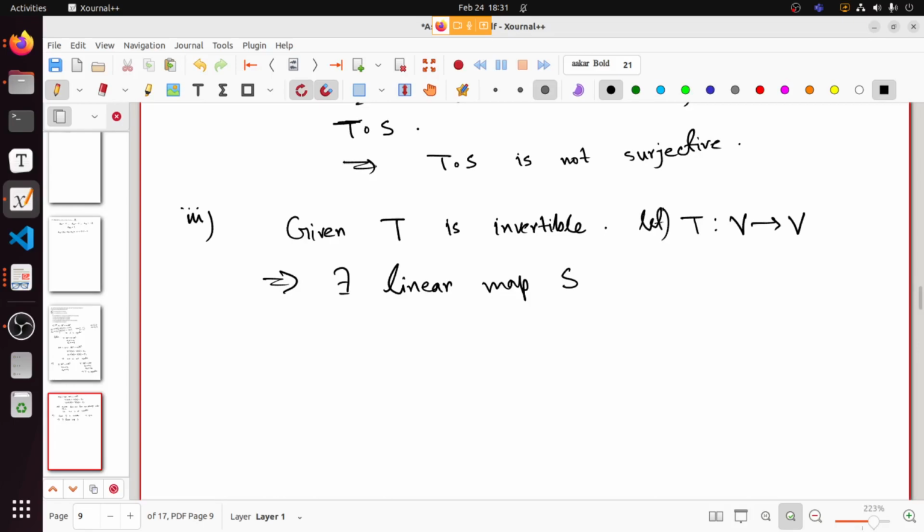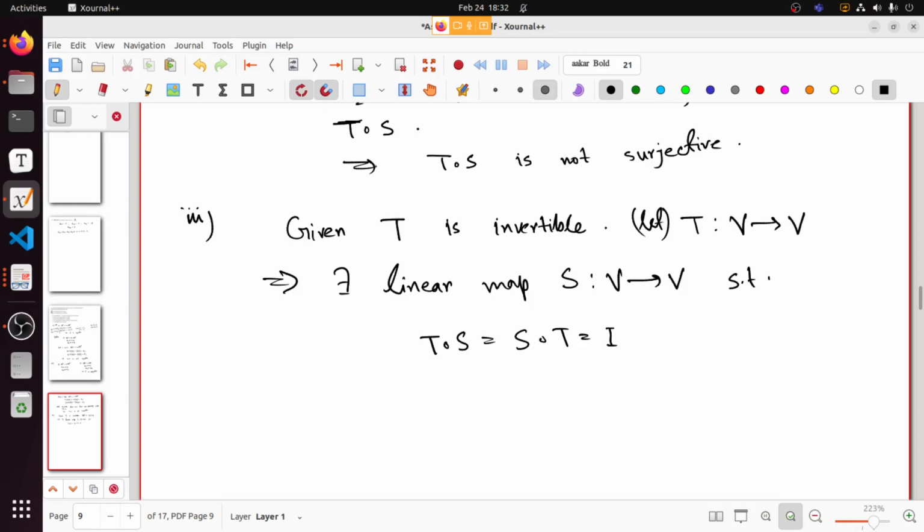Then S is again a map from V to V such that T compose S and S compose T is the identity, right?